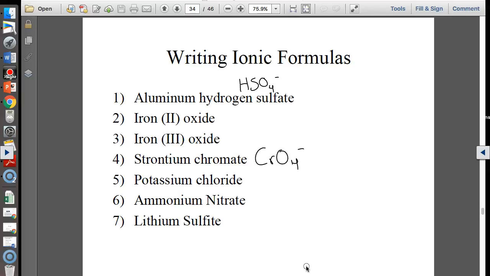Your written formula should never, ever have plus or minus signs.